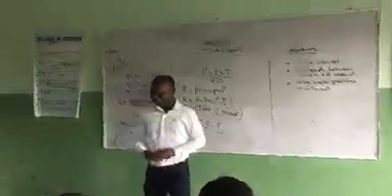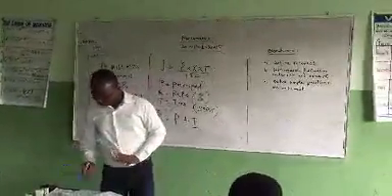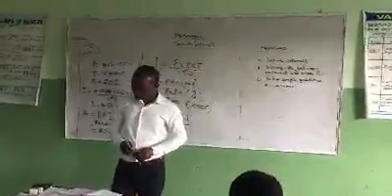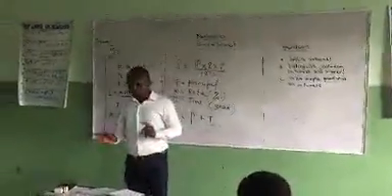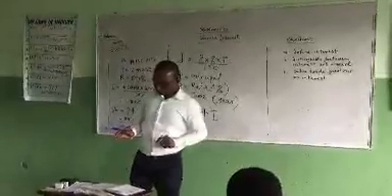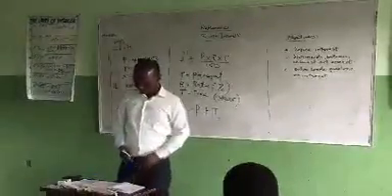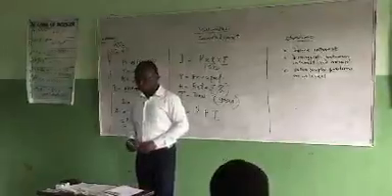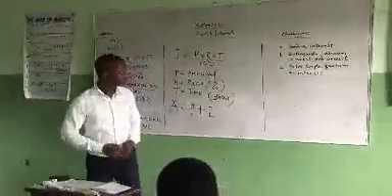So that will be the main thing we are going to do in this class for today. But I want to give you a kind of assignment, and I want you to write it down.